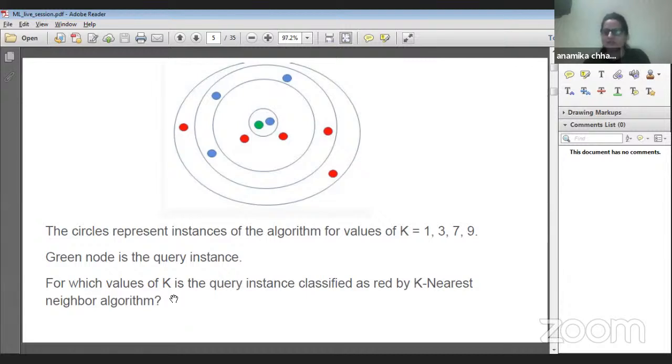Whenever a question is asked to it, it will look at the data items which are near to it. How many data samples it will see, that we will talk about. That is a variable, a hyperparameter. So it will look at the near neighbors, see what kind they are, and based on that, it will give the answer.